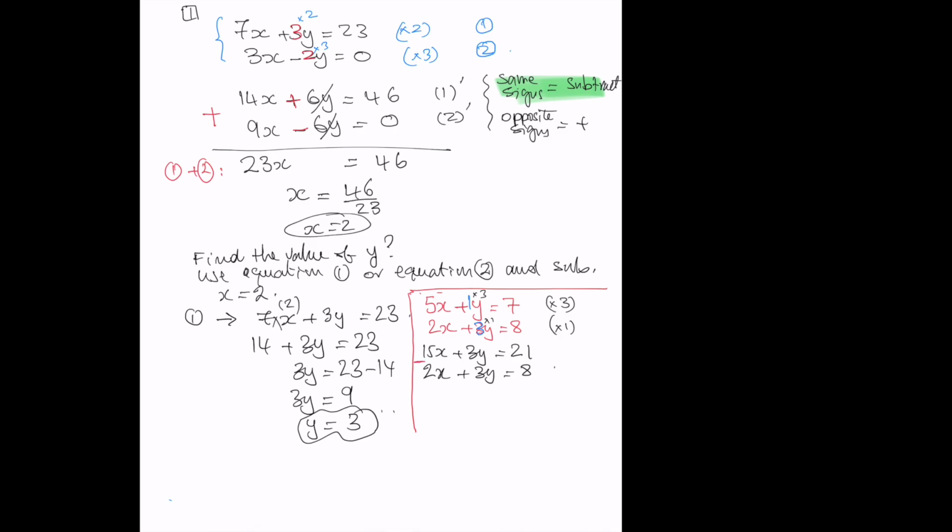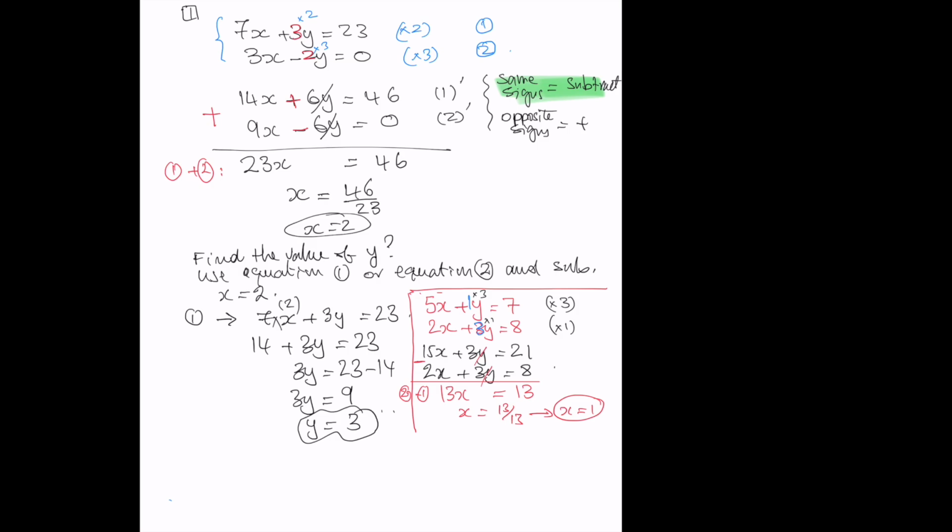Same sign, subtract. Equation 1 take away equation 2. 15x take away 2x is 13x. 3y minus 3y equal to 0. 21 take away 8 is 13. So 13 over 13, that means x equal to 1.